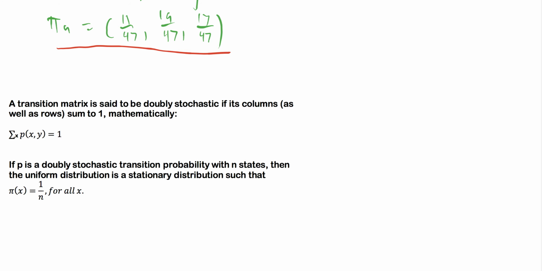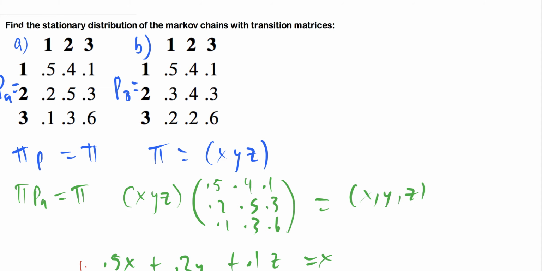Typically in a transition matrix, you can see in part A, say for this first row, we've got 0.5 plus 0.4 plus 0.1 equals 1. So this is what makes this a transition matrix. But what makes part B a doubly stochastic transition matrix is that our columns also sum to 1, and you can verify this in our picture.